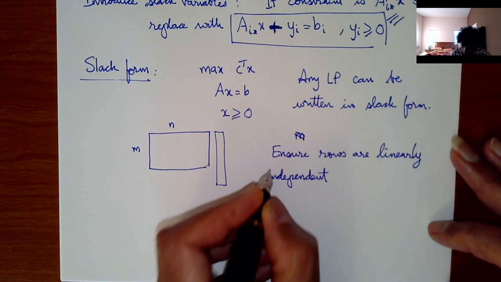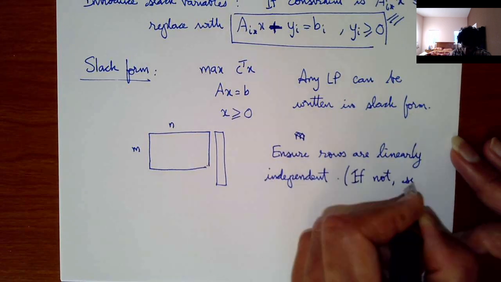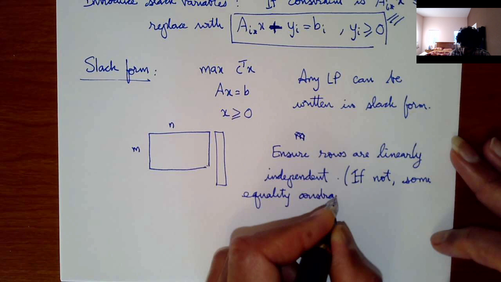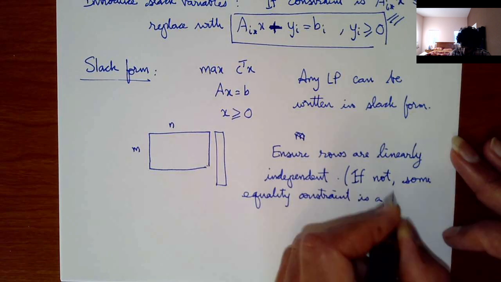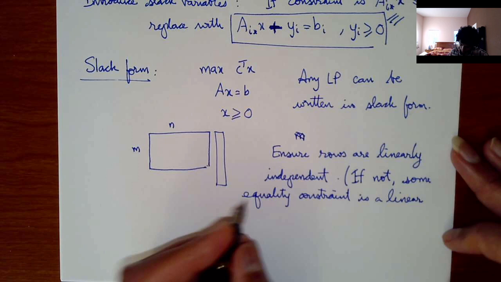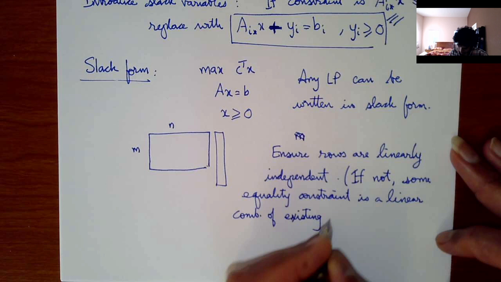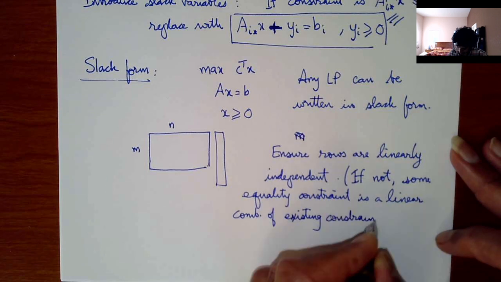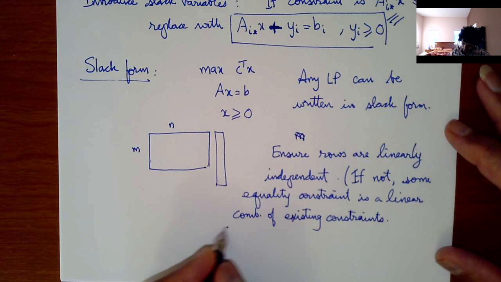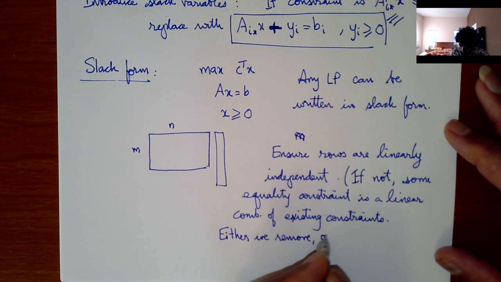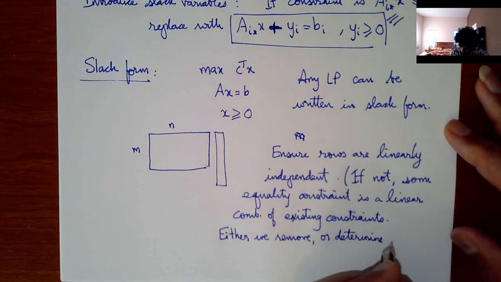Now, if not, then some equality constraint is a linear combination of existing constraints, so either we can remove it or determine that the LP is infeasible.